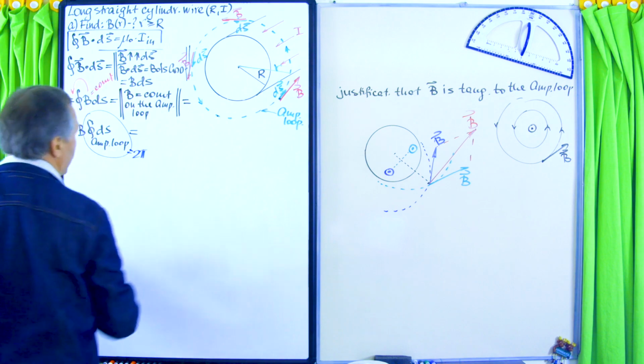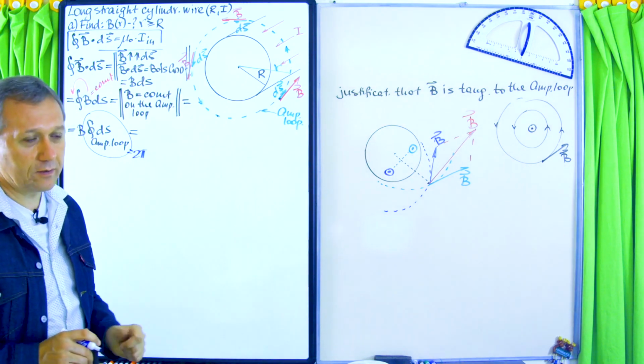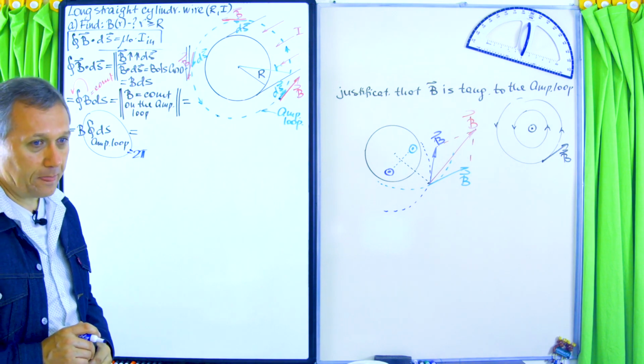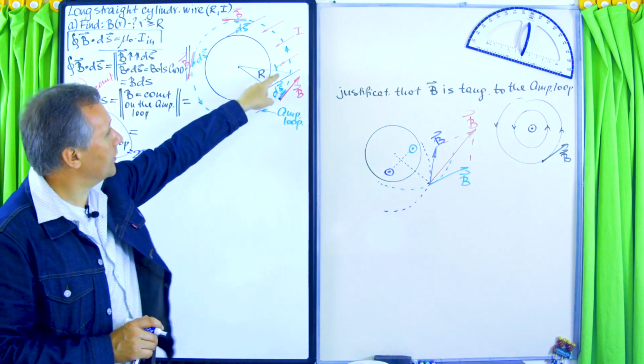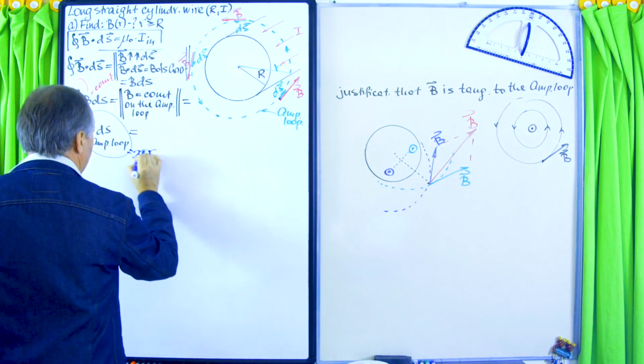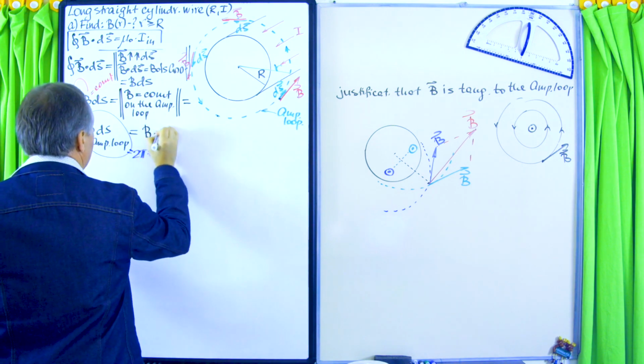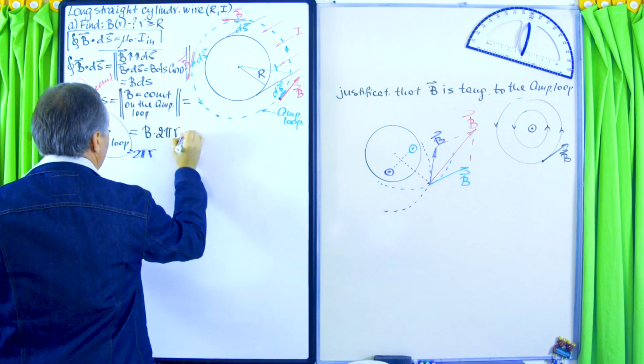2 pi, and be careful which r, because sometimes students just pick whatever r is closest and use that. Now in this case, we are on the Amperian loop, radius r small. So be careful at this point, right? 2 pi r. So that's the value of this integral, B times 2 pi r.